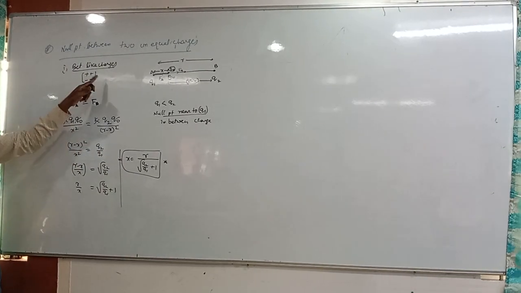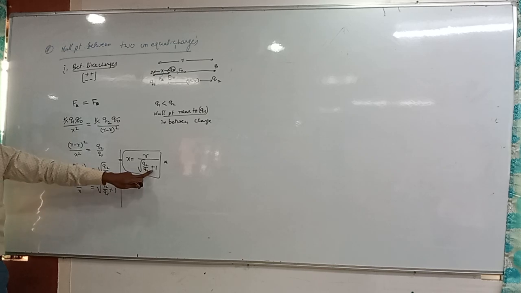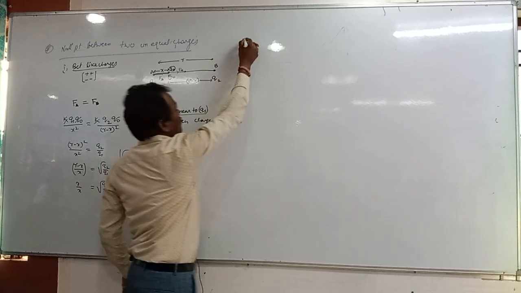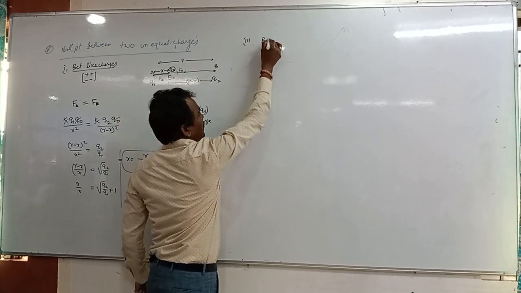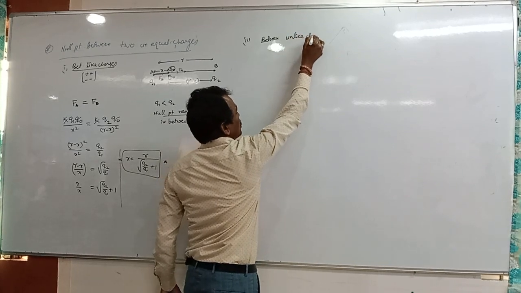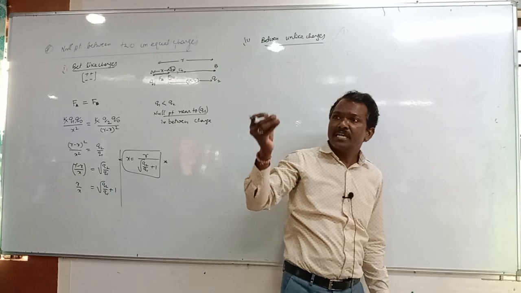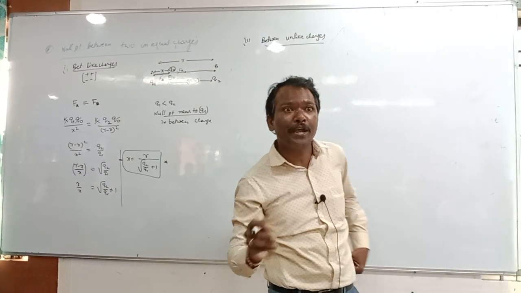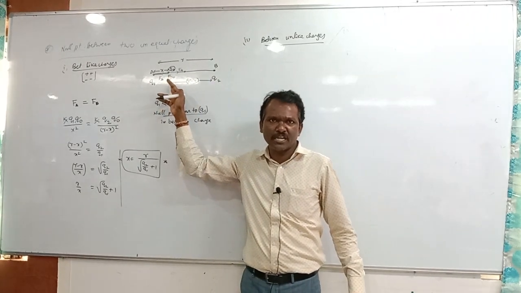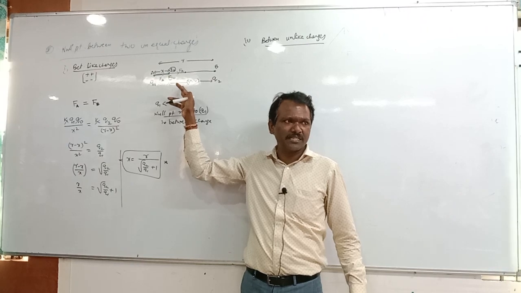Similarly, in between the unlike charges, just a minus will come here, right? See here. And between unlike charges, you tell me the condition: where is the position of the null point between unlike charges? For like charges, it is compulsory in between the charges because opposite forces are required, right?